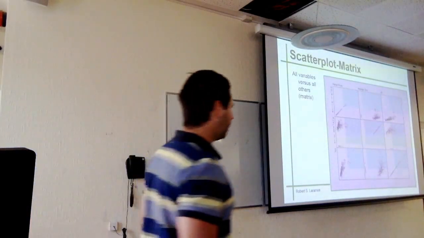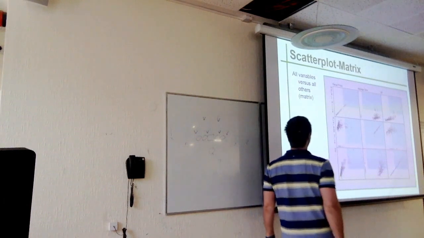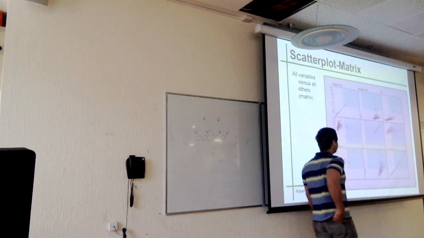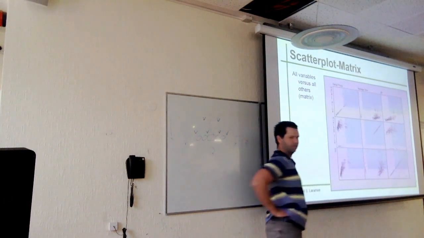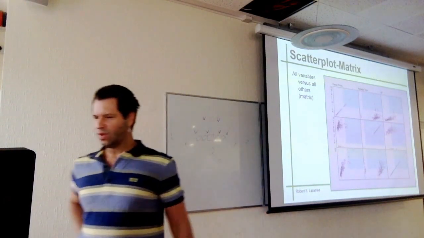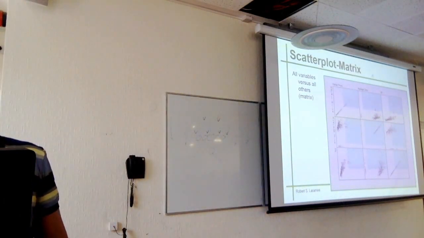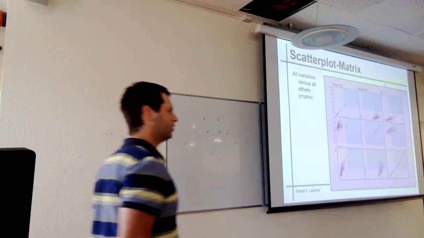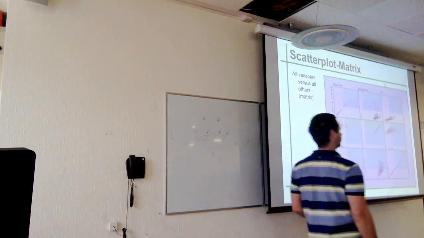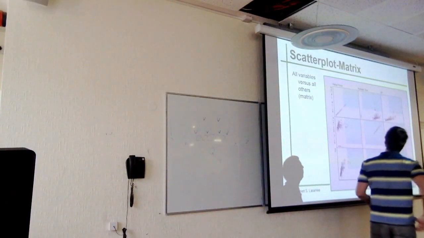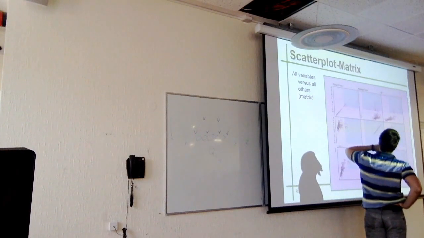Here's yet another way. This is called the scatterplot matrix. So imagine we have 3 dimensions. In this case, we have retail price, average size, and horsepower. This is again a description of cars. And we plot each one of those against the other.